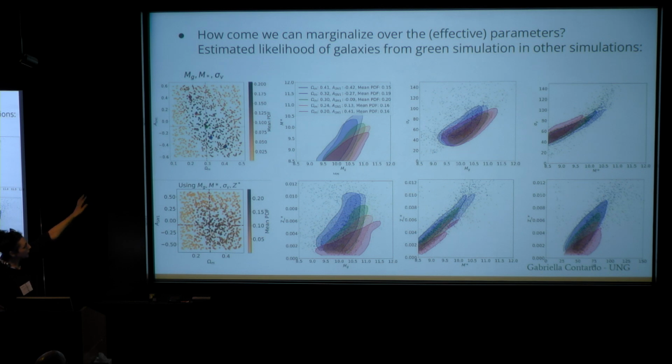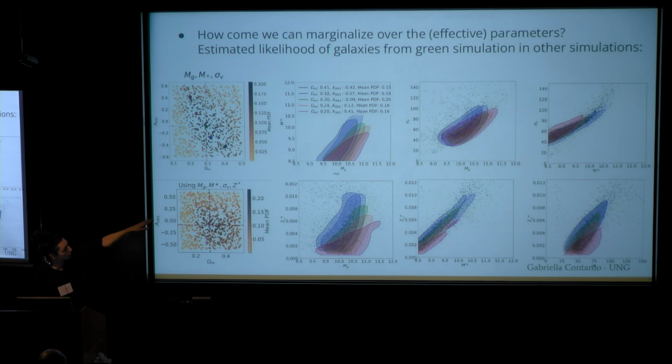What you can see here is that in this 3D feature space there is a kind of degeneracy, or an interplay, between omega matter and ASN1, where I can still make the galaxies from the green simulation believable as coming from a larger value of omega matter if I reduce ASN1, and vice versa.